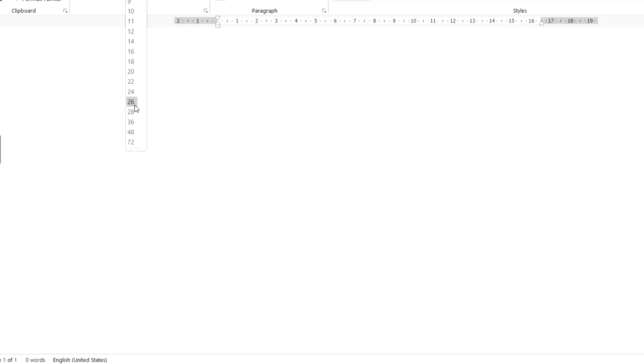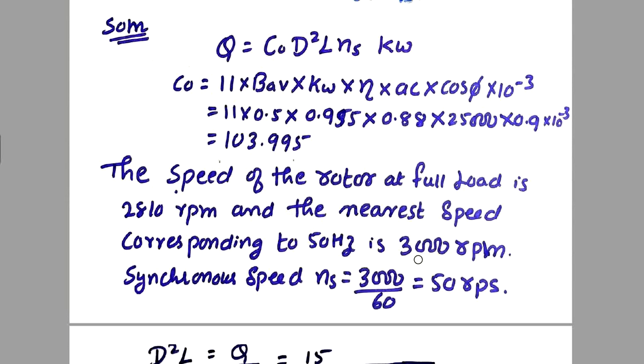N_s equals 120 f by P. Now if f is 50 hertz and P is 2, then you will get a synchronous speed of 3000 rpm. The nearest speed to 2810 is 3000 rpm. You will not get 2900 or 2500.